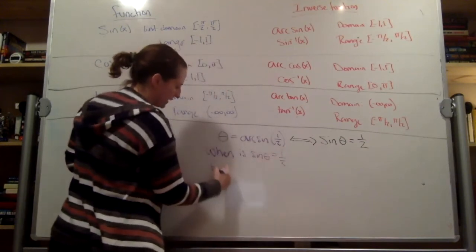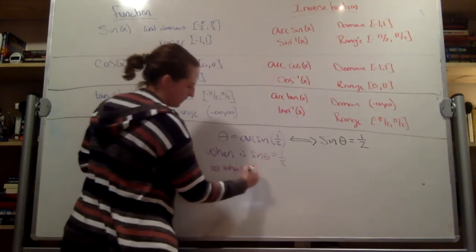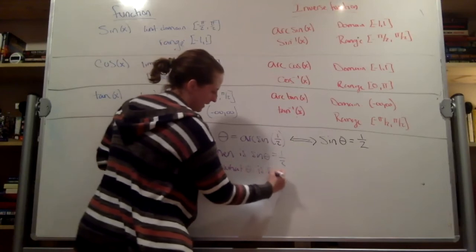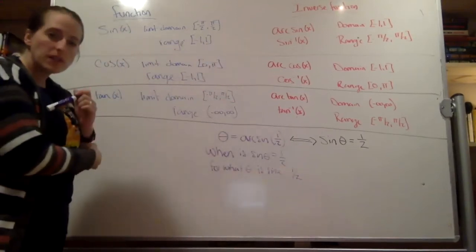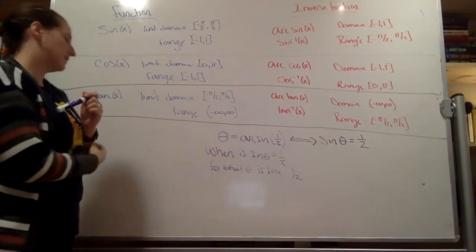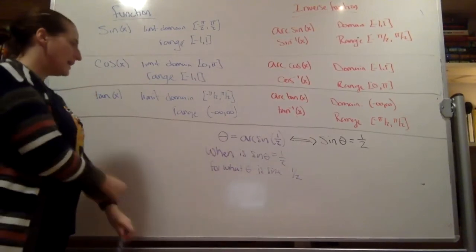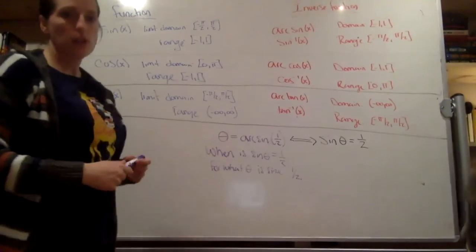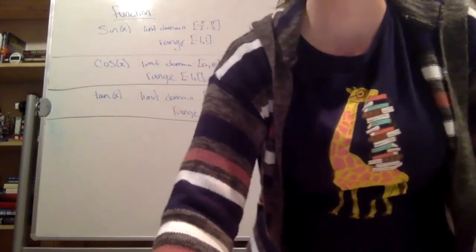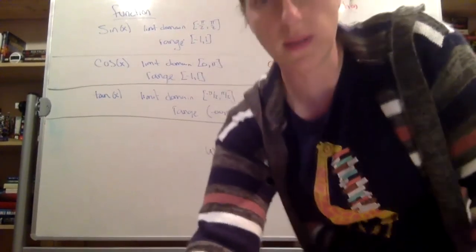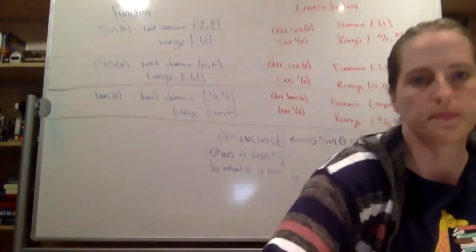Or for what angle is sine 1/2? Now, we're going to want to use a unit circle to answer this. So I'm going to go ahead and share my screen real quick, which has a unit circle up on it.